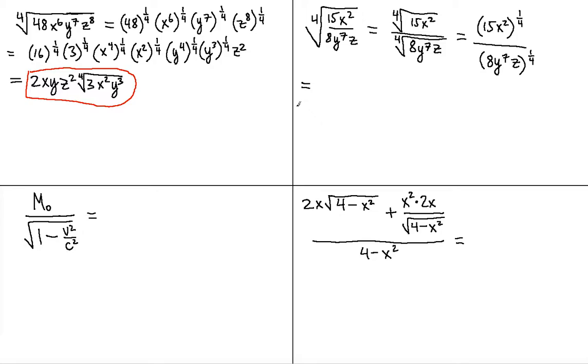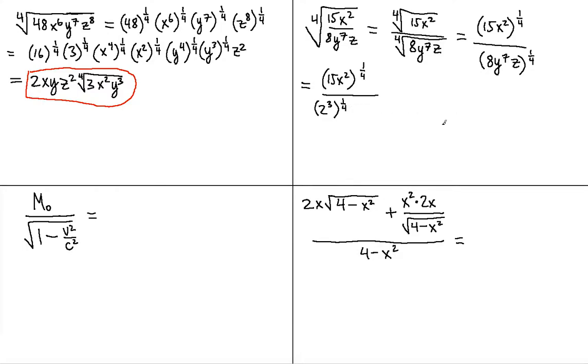We cannot do anything with the top so far, but we can try to do something with the bottom. So let's keep the top as it is, 15x squared raised to the 4th power. And now let's write the bottom. Notice that 8 can be expressed as 2 to the thirds. So let's take it out, 2 to the thirds raised to the 1/4 power.